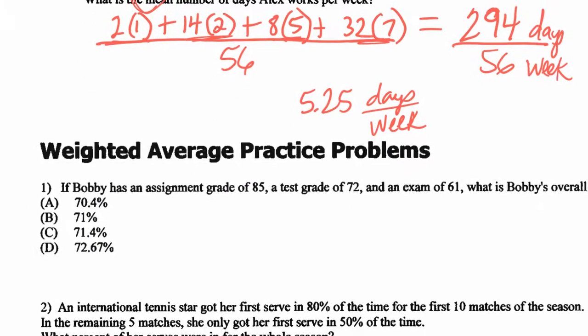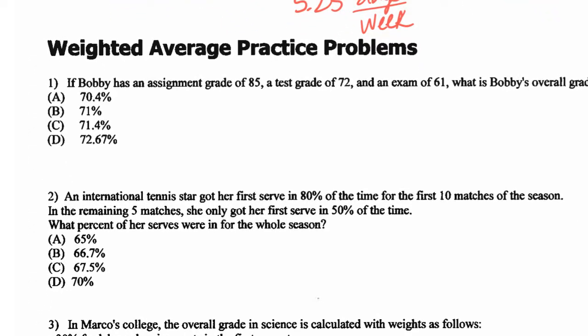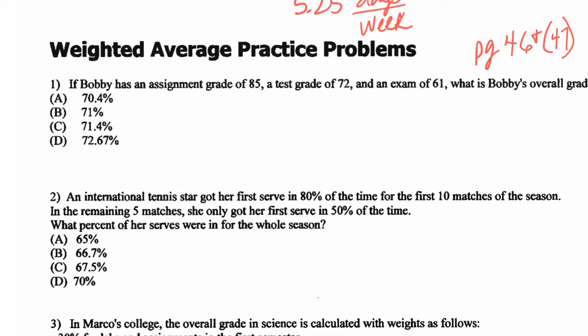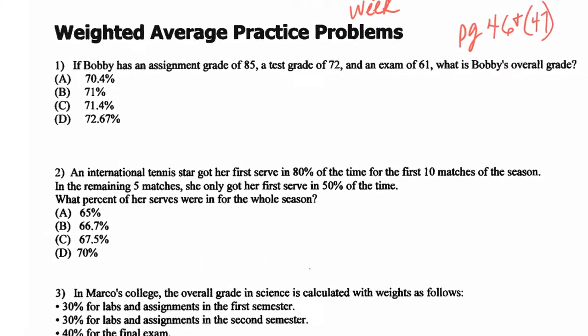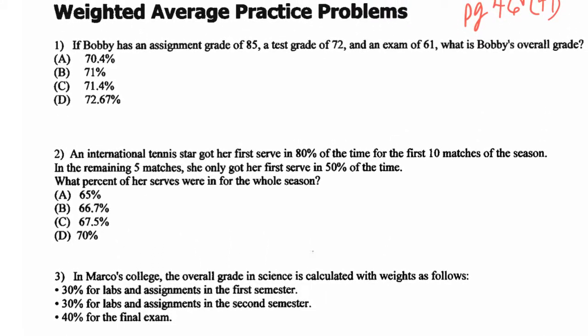So I wanted to finalize this by saying, of course, our homework is page 46. 47 is some bonus problems you do not have to do. I will mention on this first problem here, it doesn't give any weight. Since this problem gives no weight, I figured that each one of these scores was equally weighted.